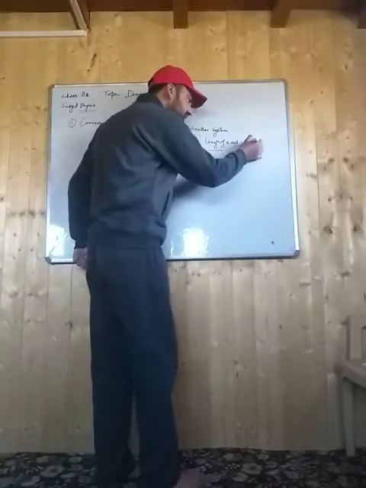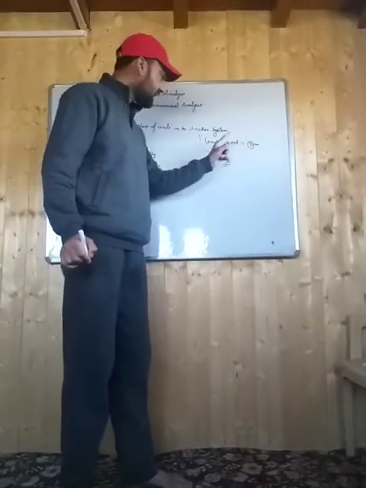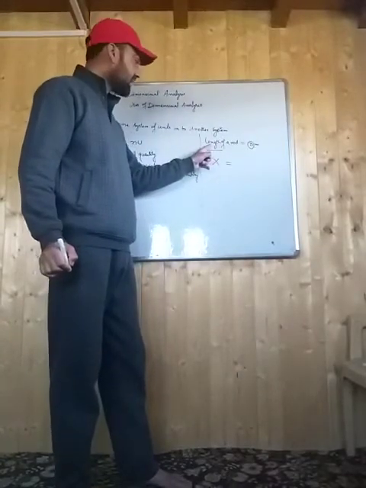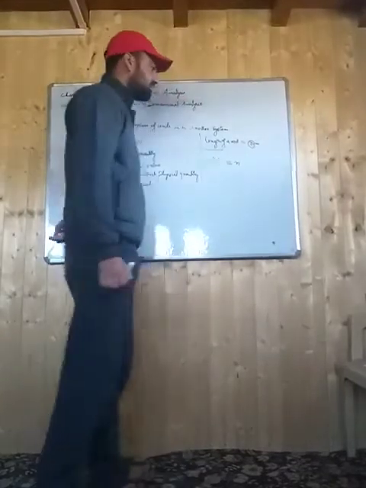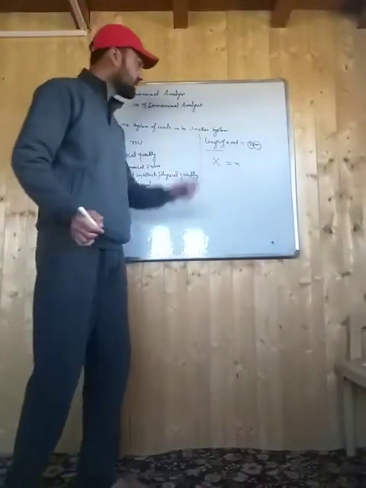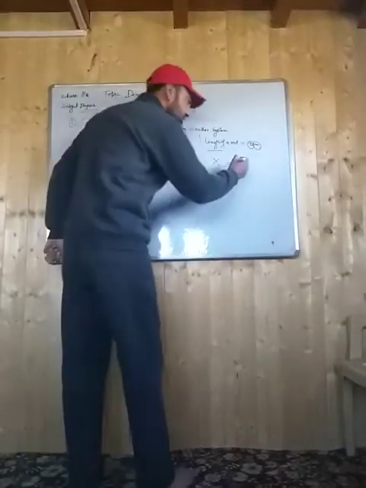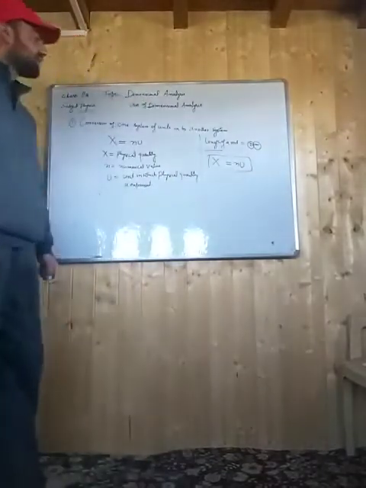Now this 3 is a numerical value, meaning this meter is present in the length 3 times, so we write it as n. And m, the meter, is the unit in which the physical quantity is expressed, so we write it as u. So this is the representation of the physical quantity.